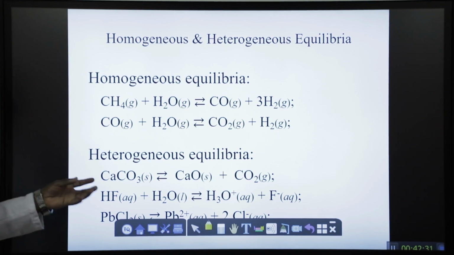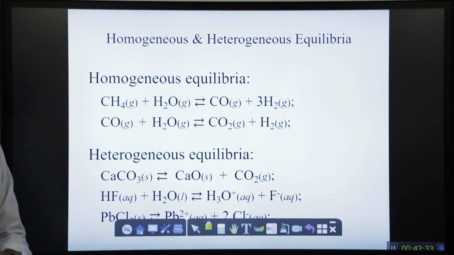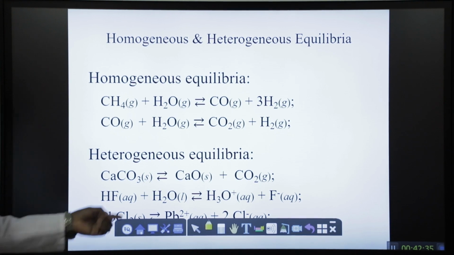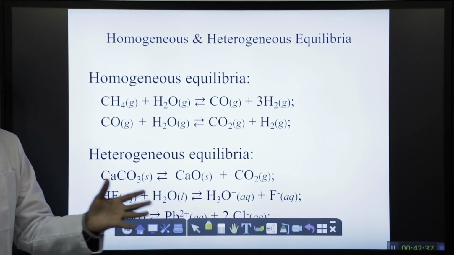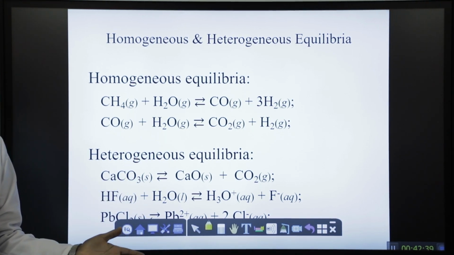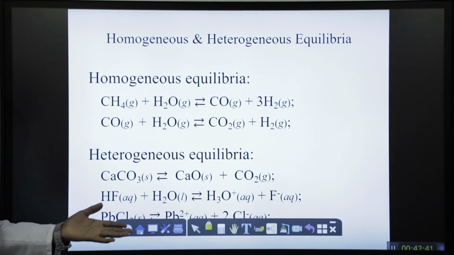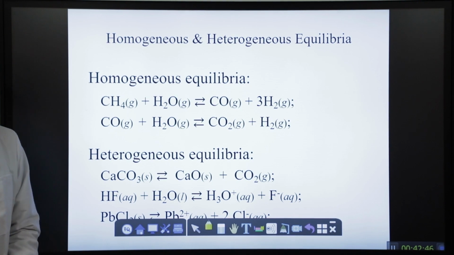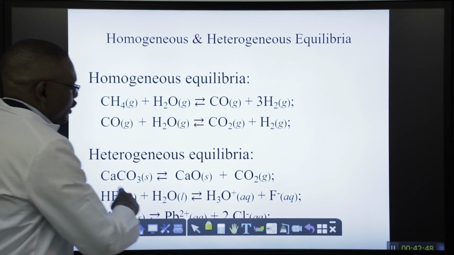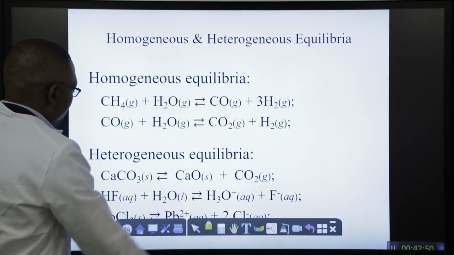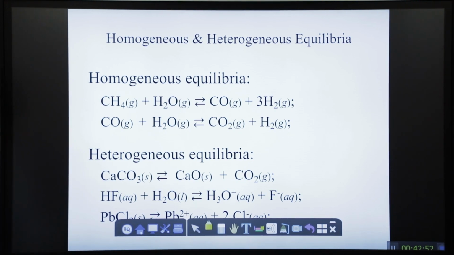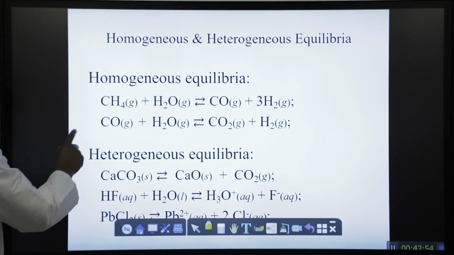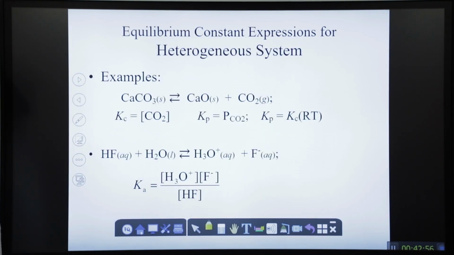Why? Because we cannot account for their concentration changes. The concentration of a solid doesn't change, it remains the same. The concentration of a pure liquid does not change. So you see that the expressions of equilibrium of these heterogeneous reactions are different.